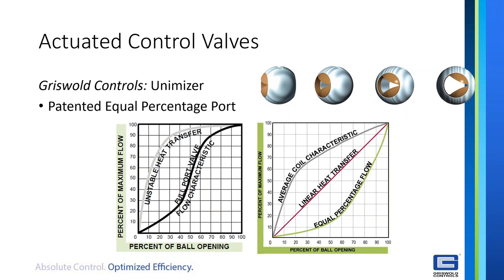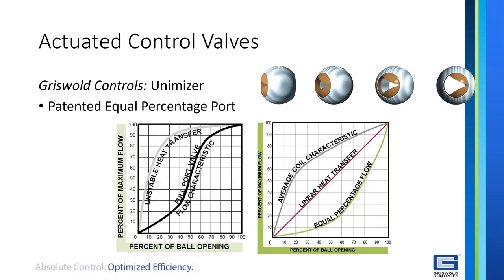That is really the reason that you want to be equal percent. A coil has an equal percent characteristic as well, whereas for equal percent changes in flow, you get an equal percent change in the BTU heat transfer. A couple weeks ago we talked about how at low flows, the BTU heat transfer is actually higher, or you get a higher delta T, one or the other, because the fluid's moving slowly through the coil.